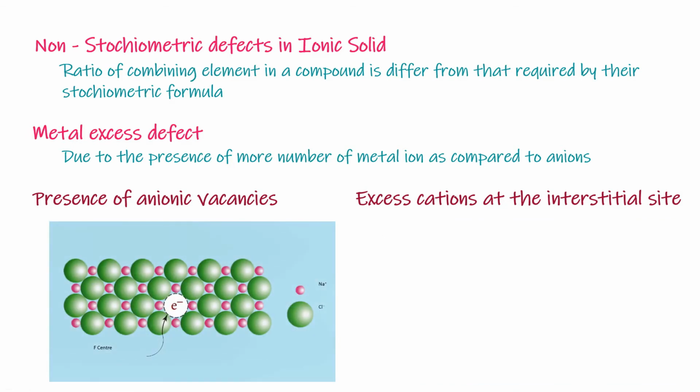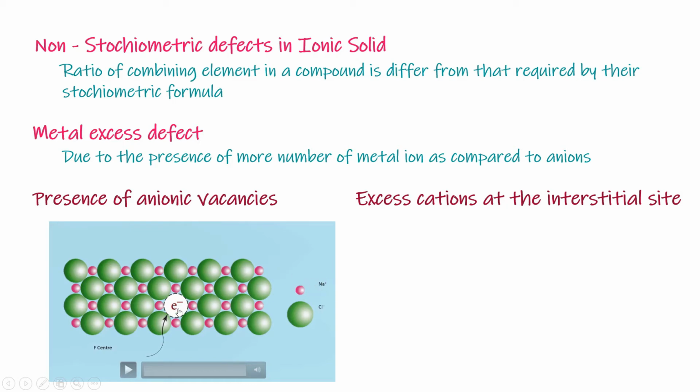Let's see how the F center is created in the crystalline solid. Let us consider this is a sodium chloride crystal. This crystal consists of sodium plus ions and chloride minus ions. Sodium vapors are present on the surface of this sodium chloride crystal. When heated, the sodium in the vapor state loses its electron and becomes sodium plus ion.